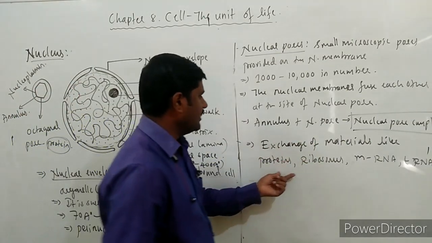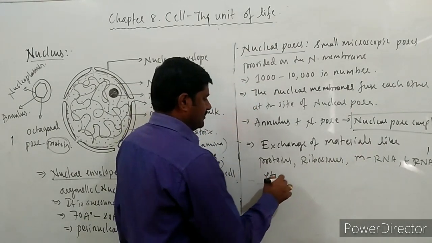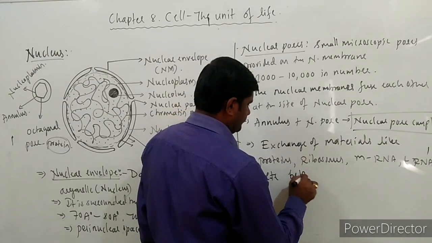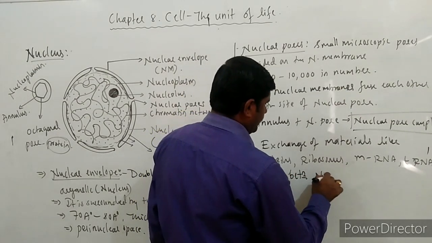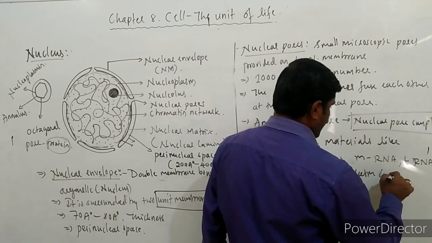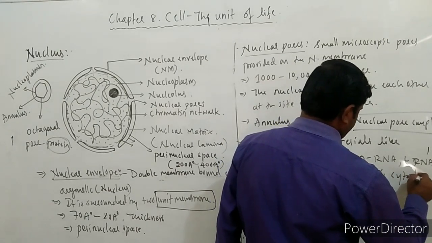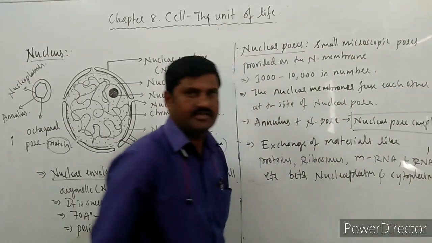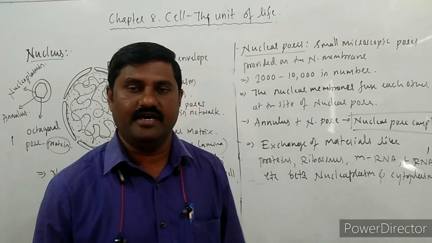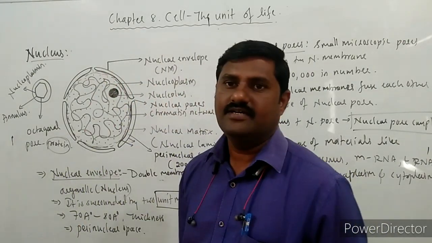Exchange of materials like proteins, ribosomes, mRNA, tRNA, etc. takes place through this nuclear pore between the nucleoplasm and the cytoplasm. So this is the fact we must remember here. This is all about the nuclear membrane itself. What is that?